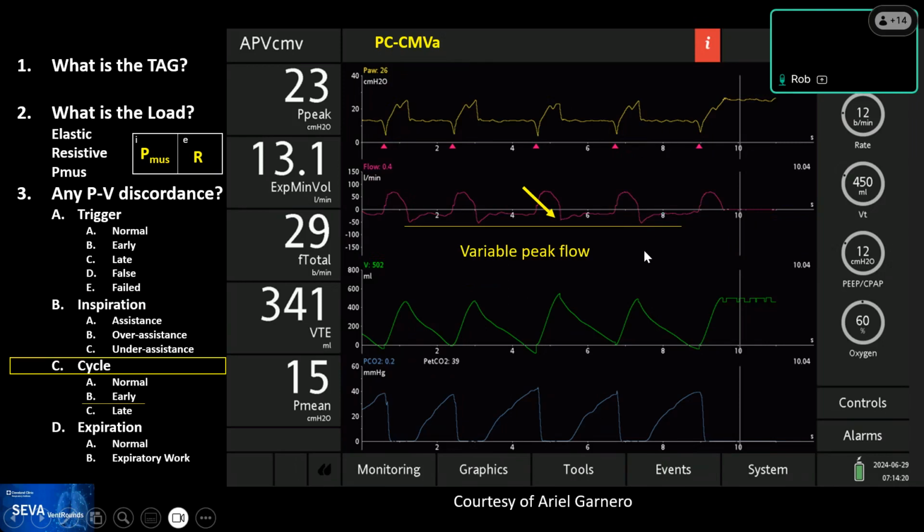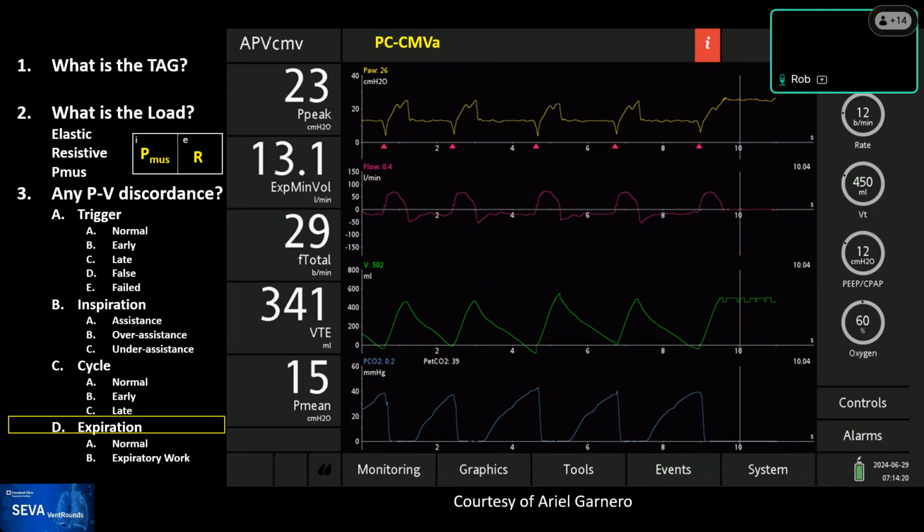It would be so cool if we could actually have the PMUS waveform in here to show us, or an esophageal pressure, or maybe an EDI signal. But without those signals, it's kind of a guessing game. At any rate, I think that's as close as I can get it.